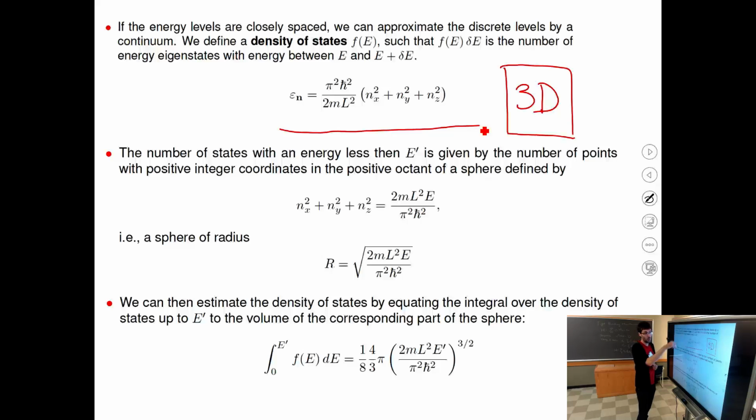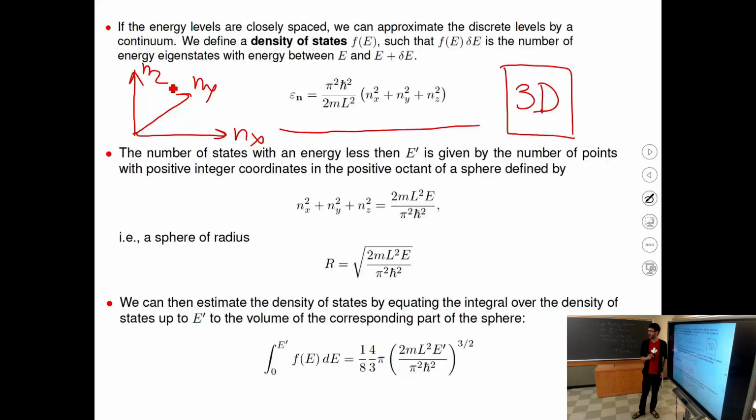So each of the wave functions for each of the electrons occupies the entire box. Each electron lives in the entire box. But when we look in energy space, then we can put three axes here, nx, ny, and nz.